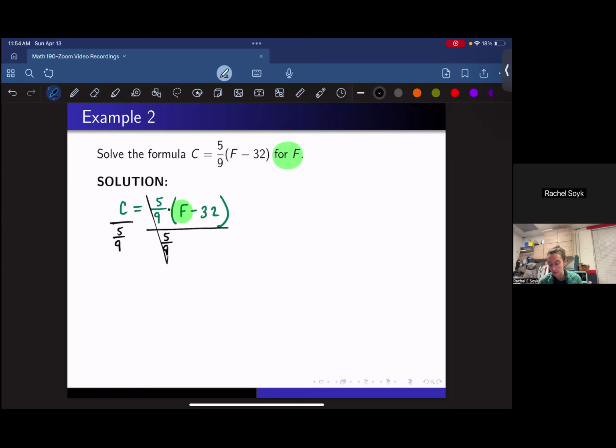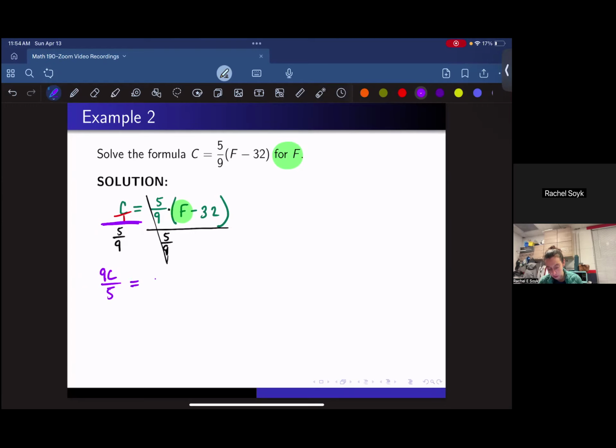And so on that left-hand side, C, aka our Celsius, as a fraction is just C over 1. That way we can now utilize our whole keep, change, flip. We keep that first fraction the same. We change this division to multiplication, and then we flip that 5/9 to become 9/5. So when we end up multiplying straight across, we get 9C in our numerator all over 5.